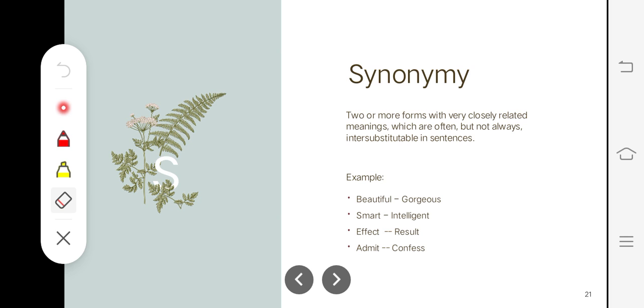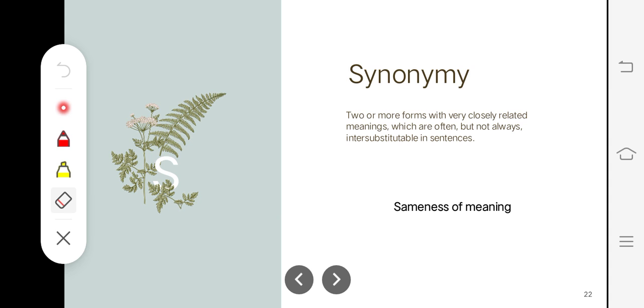But guys, we should also know that the idea of sameness of meaning used in discussing synonymy is not necessarily total sameness.